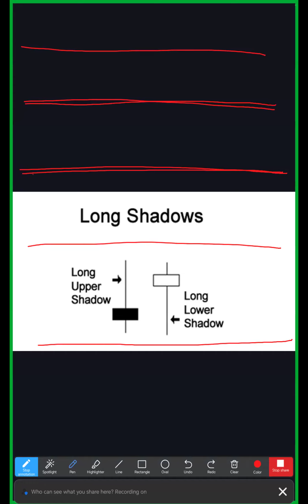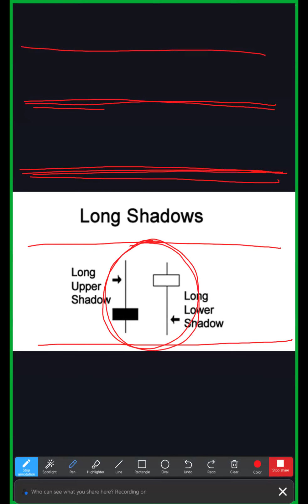When you are drawing these lines, you are drawing them on a set of candles. So if you do not understand these candles, even though you are putting these lines, are you understanding what you're doing? So this is really, really important. That's why I am stretching it a lot.